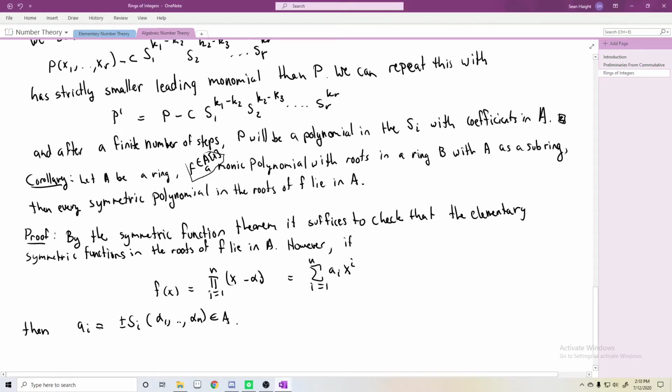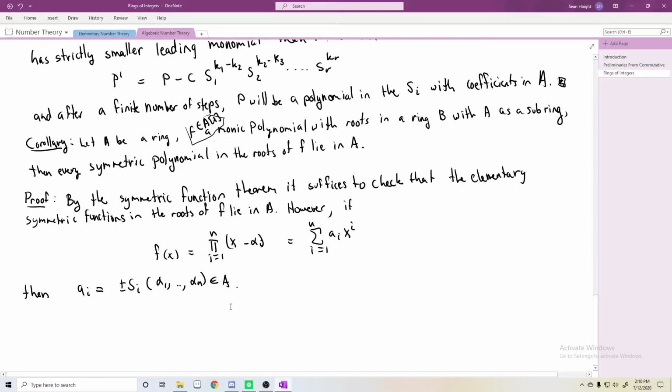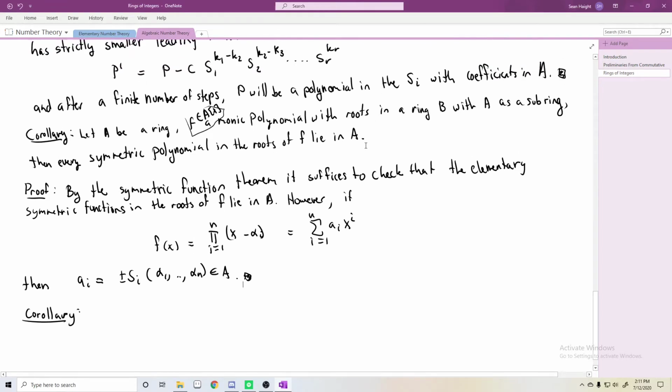So the next corollary, which is also important, so this finishes this proof. If I have a monic polynomial with coefficients in A, whose roots all live in some big ring B, then every symmetric polynomial in the roots of F lies in A. So I'm going to let A be an integral domain.